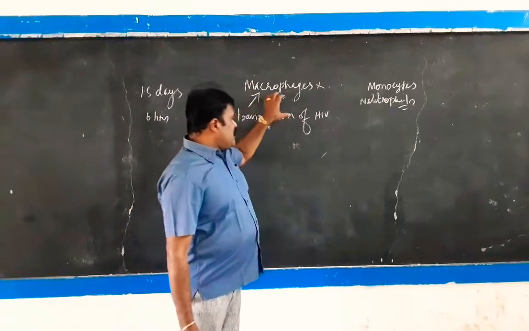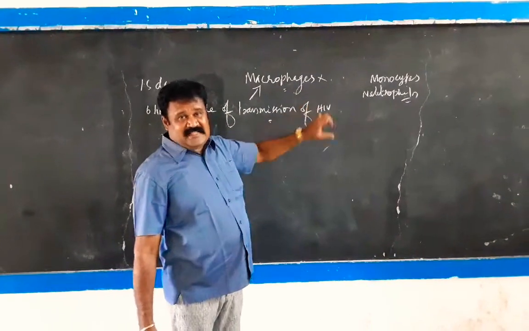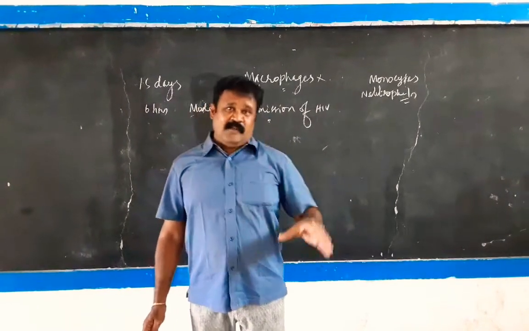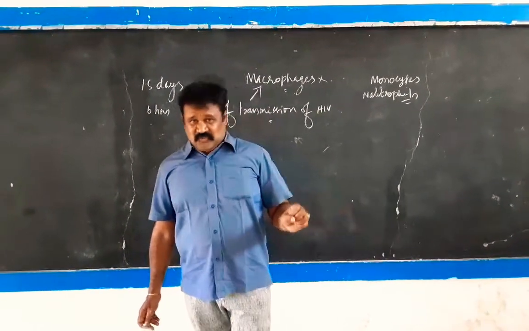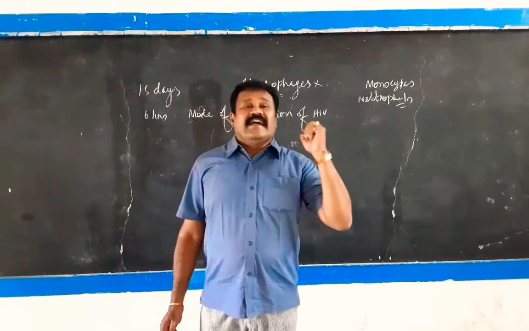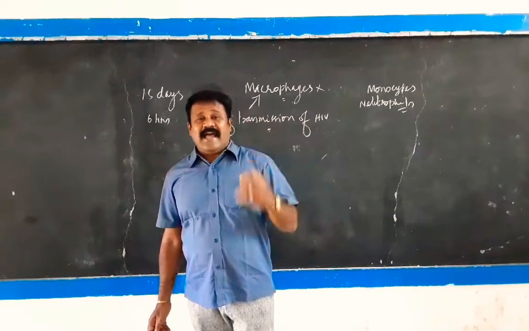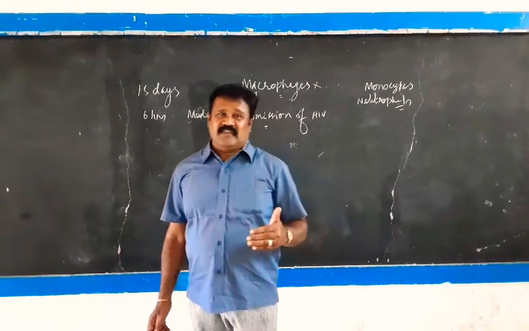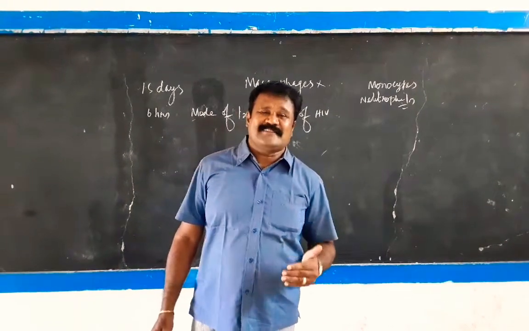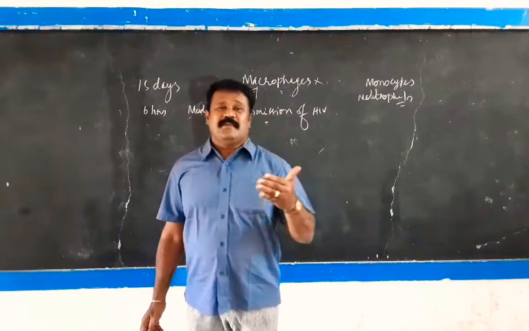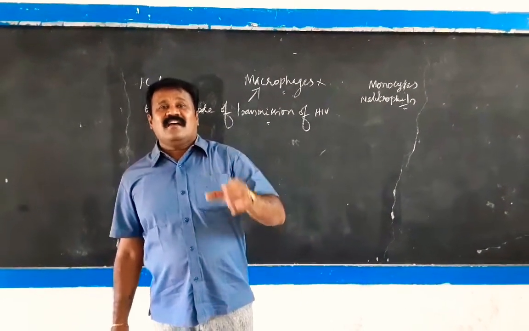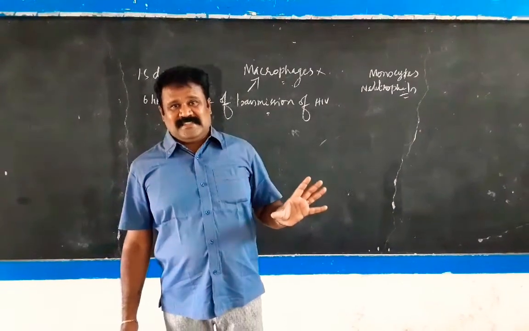This HIV progeny destroys all the helper T cells of the body, so they will not stimulate the B lymphocytes. When B lymphocytes are not stimulated, no antibodies will be produced. This is the way by which reduction in the immune power takes place.